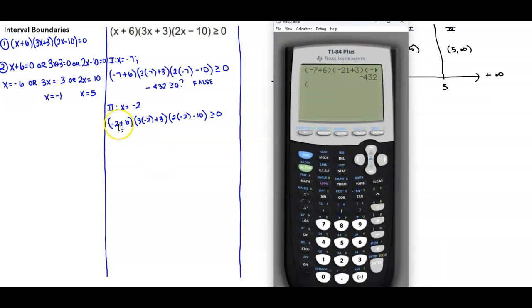So we have (-2 + 6), (3 times -2 is -6, plus 3), (-2 times 2 is -4, minus 10). And that gives us 168. So 168 is greater than or equal to 0. So we know it's true for interval number 2.